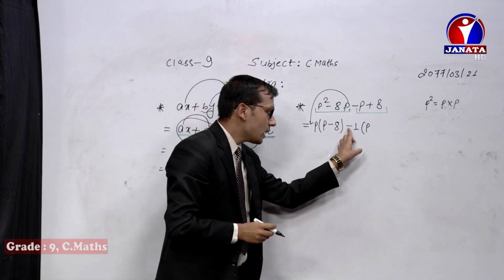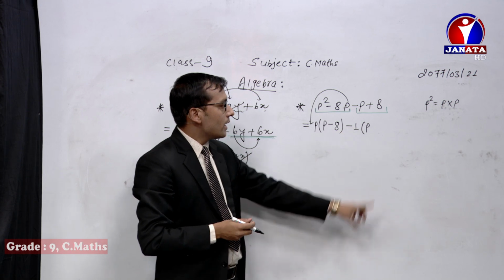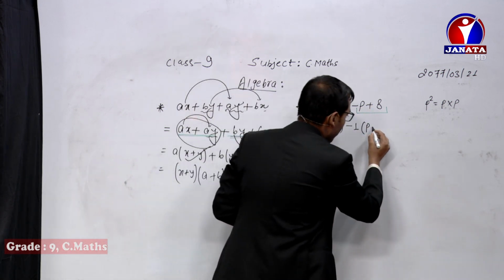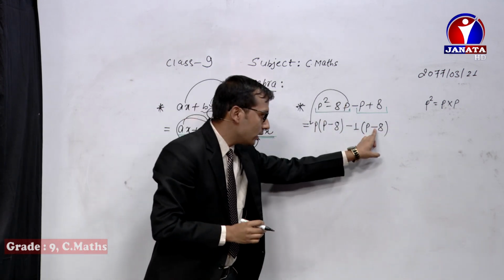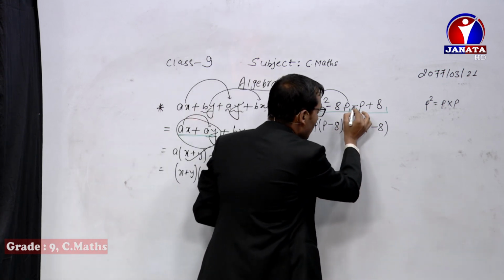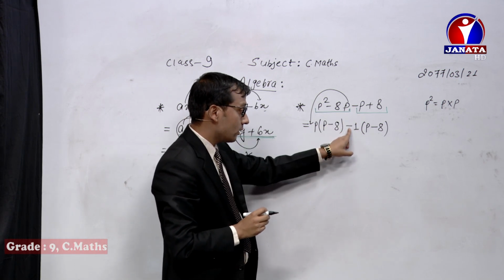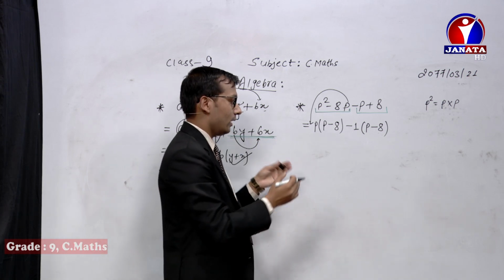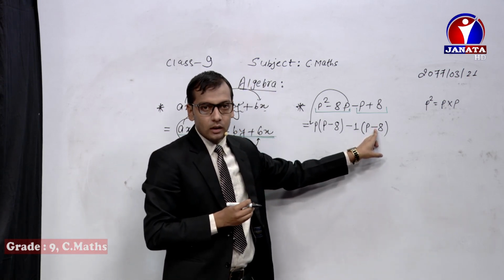After taking the negative sign common here, the plus sign will be changed into minus 8. Why does this sign become negative? Here this negative sign I have written the same, minus sign as it is, but after taking a negative sign common out of the bracket, the sign should be changed inside the bracket.